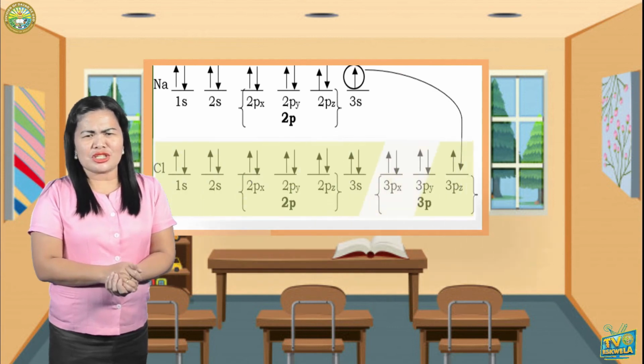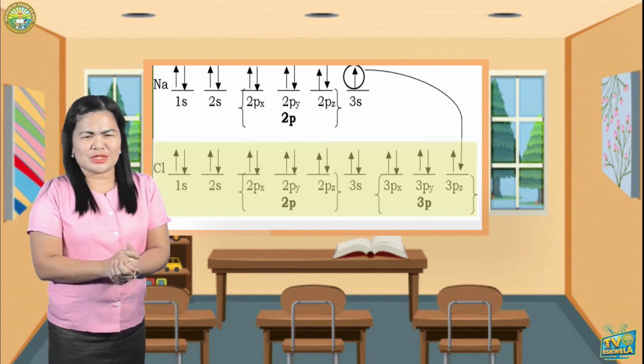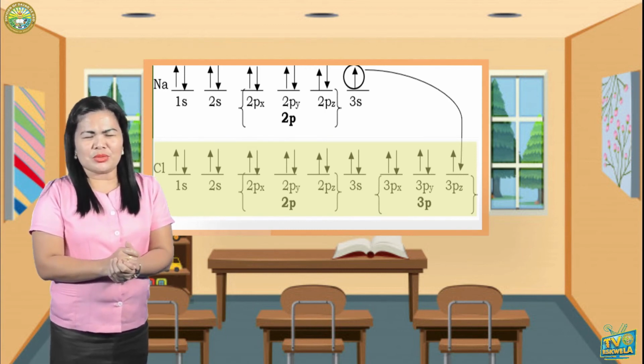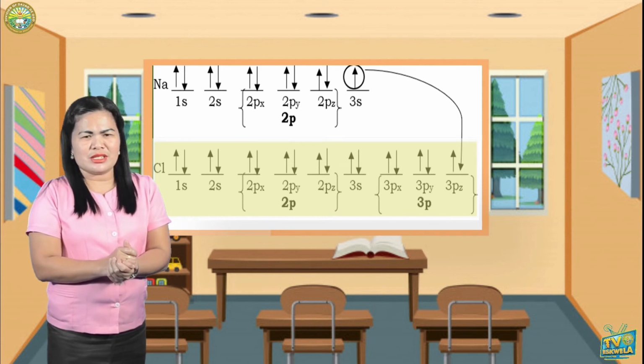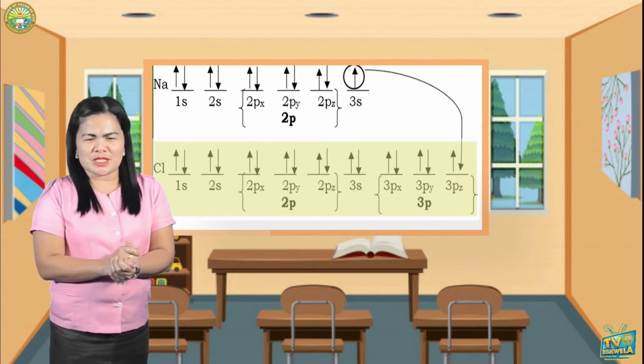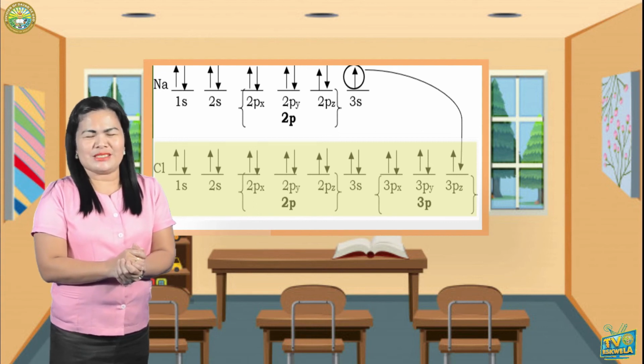The orbital notation of chlorine is 1s with 2 opposite spins, 2s with 2 opposite spins, 2p with 6 opposite spins, 3s with 2 opposite spins, and 3p with 6 opposite spins.